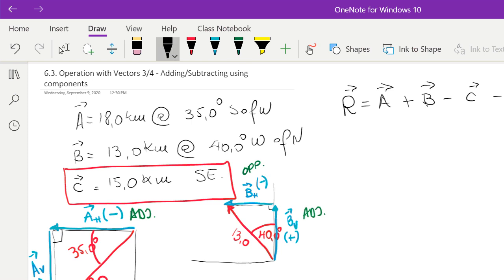The last one is south and east. And then what we have is a vector C that has a magnitude of 15 kilometers, and the angle with both axes, east and south, is 45. You can pick whichever you want. Let's create a right angle triangle that includes the given angle.